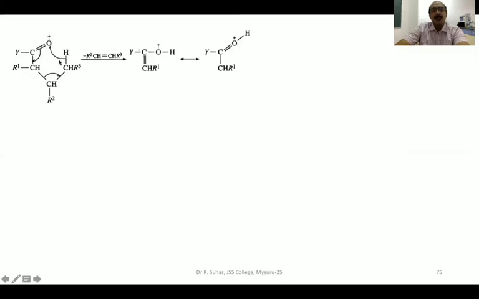So movement of gamma hydrogen followed by the cleavage of the beta bond. So this is the beta bond. Hydrogen is moving here. As a result, O becomes OH. This C double bond O is coming here, so it becomes C single bond O and C double bond C. And here it is CH2. See here, O has become OH, C double bond C, CHR'.